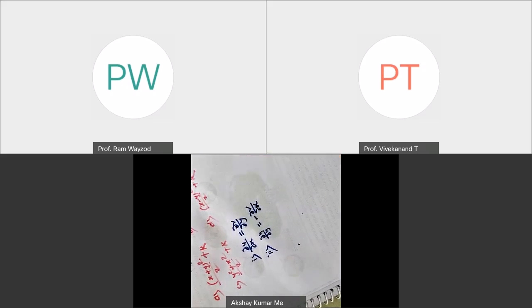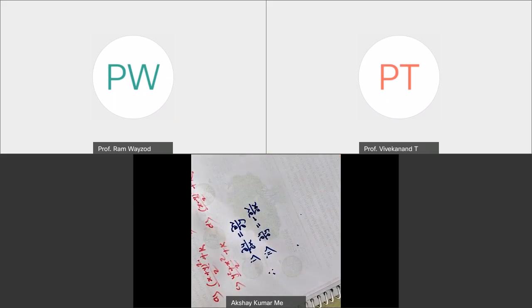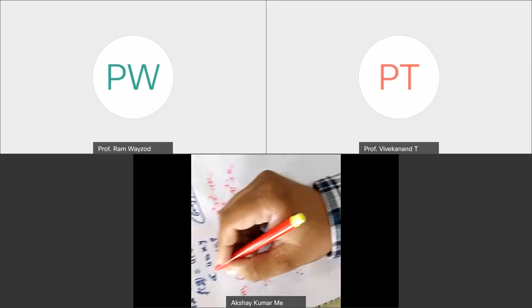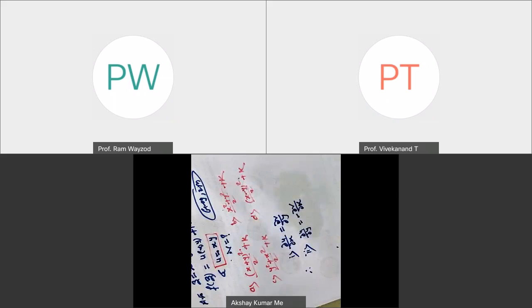These are the conditions of an analytic function. Now, u is equal to x plus x into y.